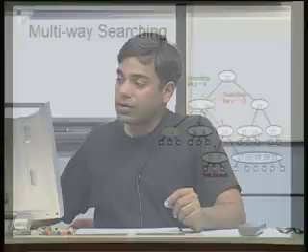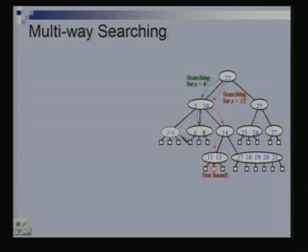The keys in a node determine what set of keys the various subtrees are going to have. So, what I am trying to say here is this is key 22. Everything in this left subtree here is less than 22 and everything here is more than 22.